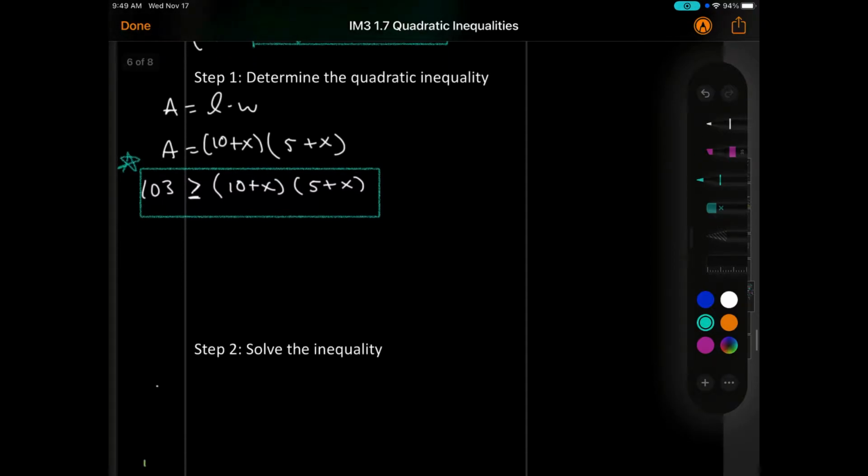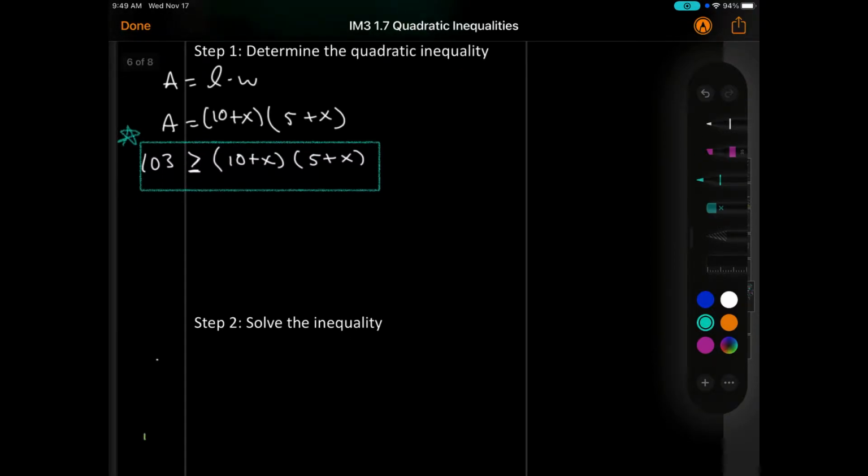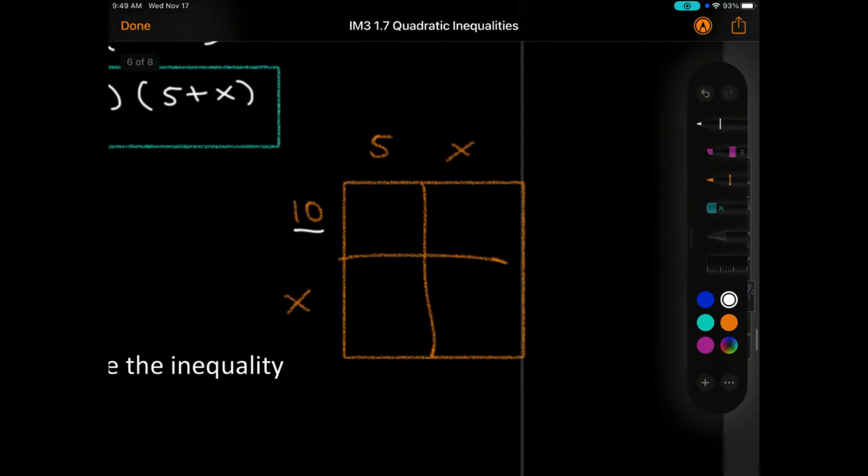And step number 2 is we're going to try to solve this. In order to solve, I'm going to have to distribute those two binomials. To do that, I'm going to use the box method, which is essentially the same thing as FOIL, just multiplying binomials here. 10 times 5 is 50. 10 times x is 10x. 5 times x is 5x.